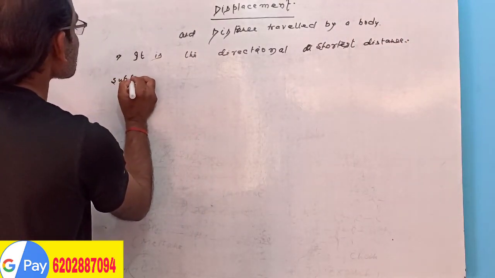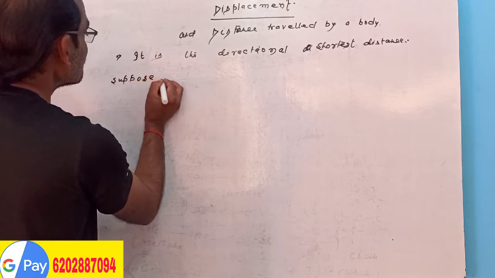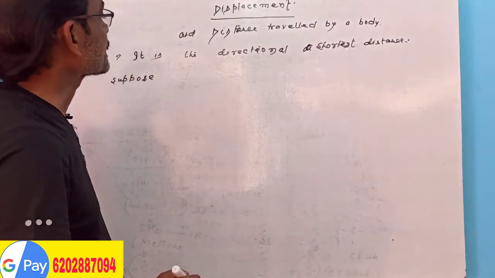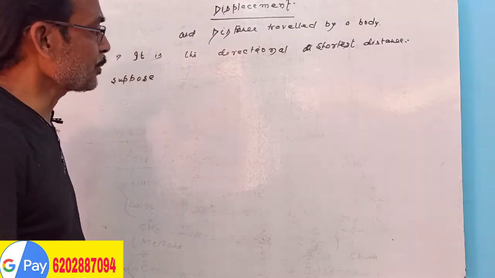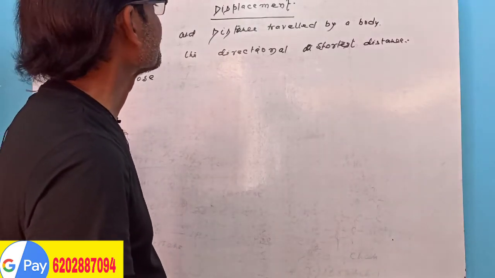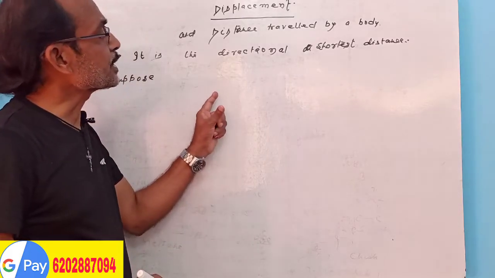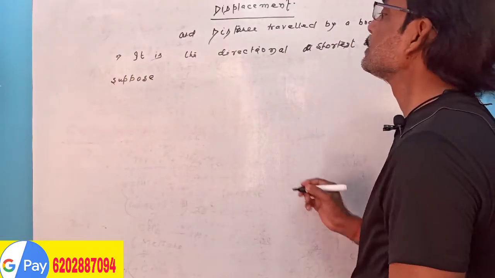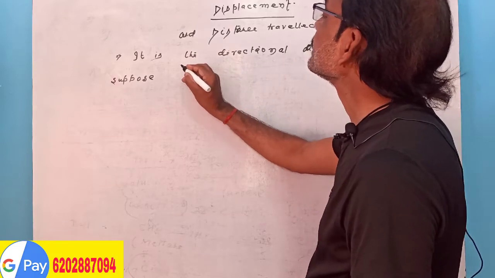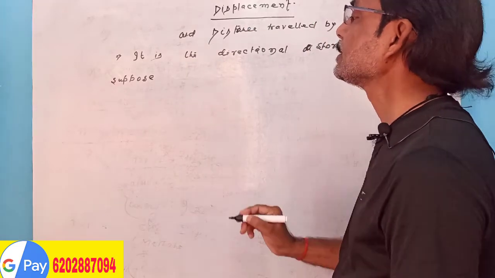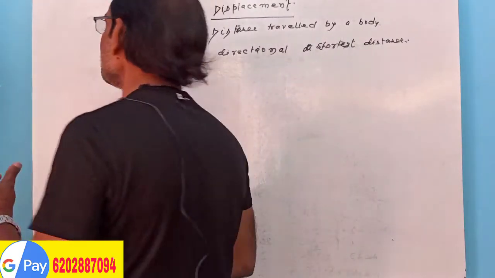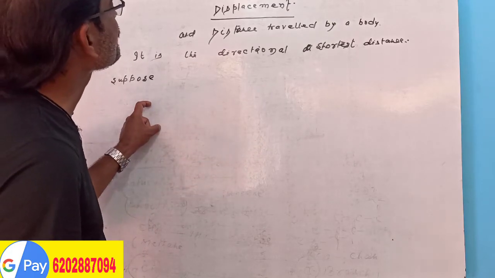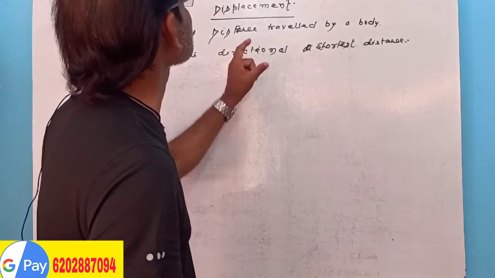Suppose a body starts moving from one point to another point and changes its direction at another point, then the displacement is said to be between the initial point and the final point, a magnitudinal distance.